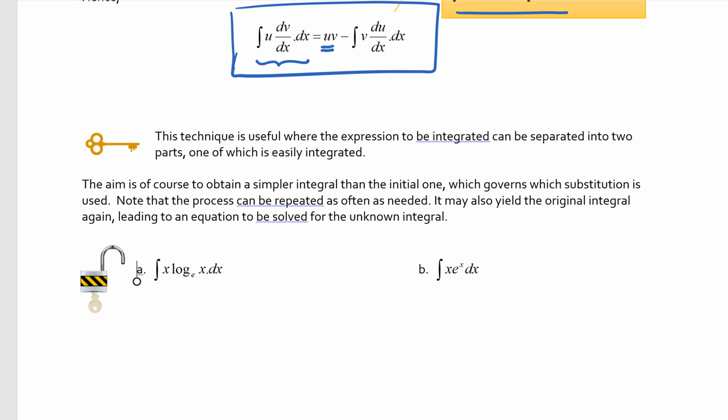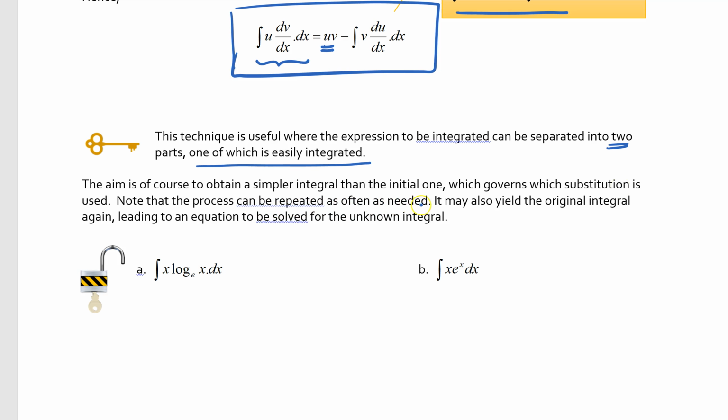So if we think about this technique, where we can use it is where, first of all, we have a product. So the expression to be integrated can be separated into two parts, one of which needs to be easily integrated, because our aim is to obtain a simpler integral than the one that we had to start with. So sometimes we might need to mentally check which substitution to make.